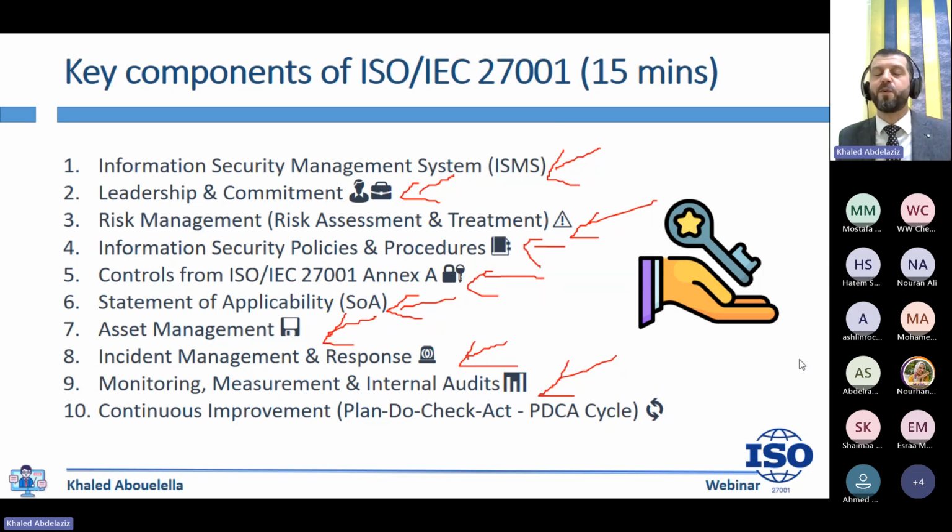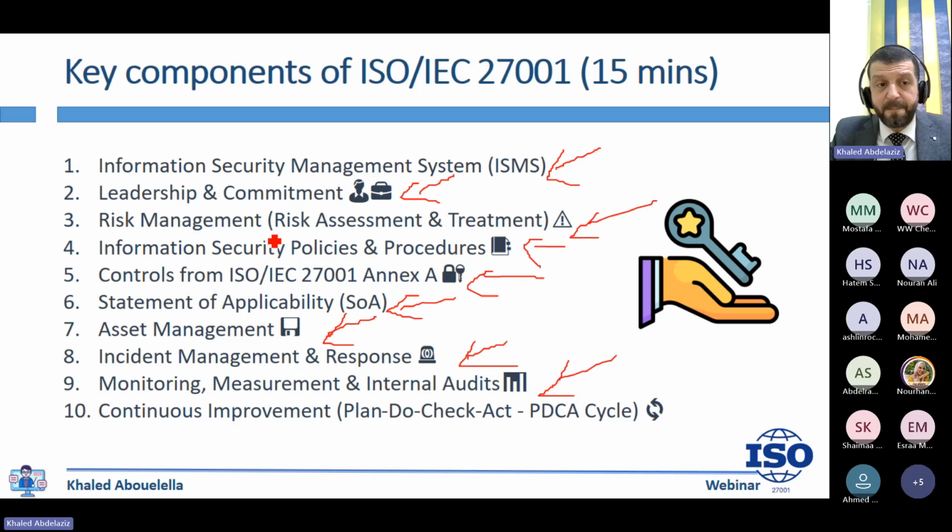We call it a non-conformity report. I conduct the internal audit and see there is a weakness. Here there is an area of improvement. Here are non-conformities. This is a major non-conformity. This is a minor non-conformity. We need to have an action plan to fix these non-conformities. So monitoring, measurement, and audit is a key component.